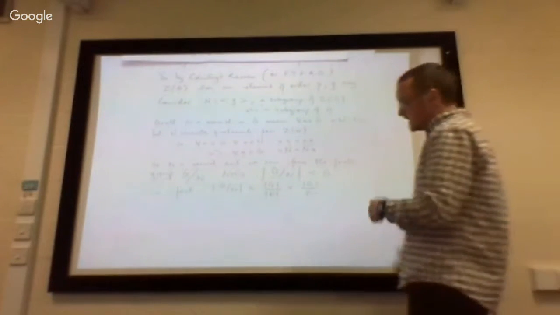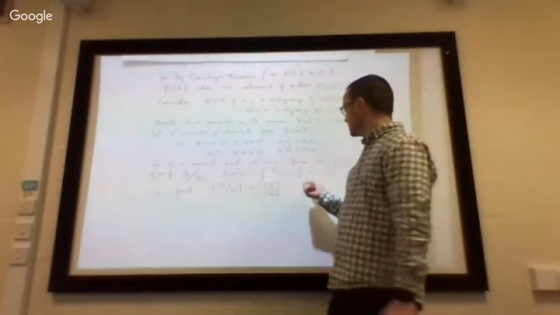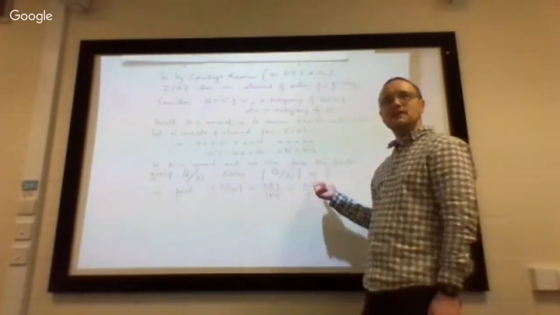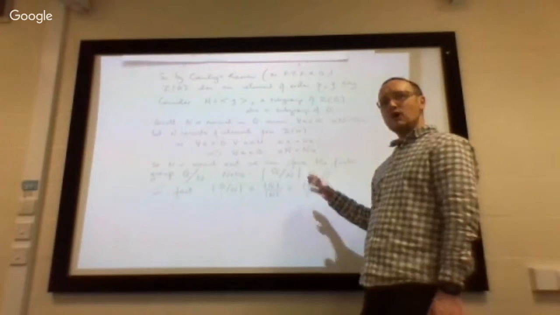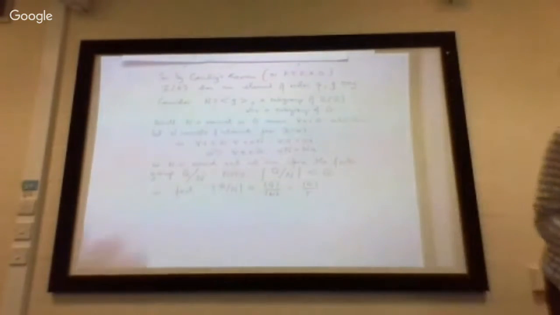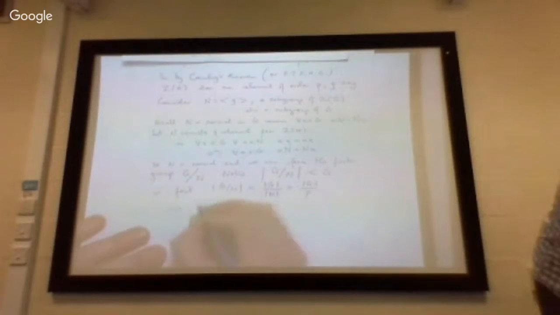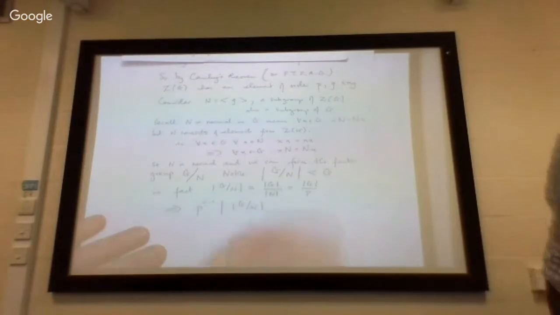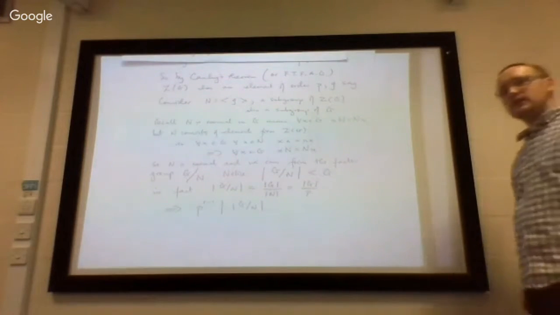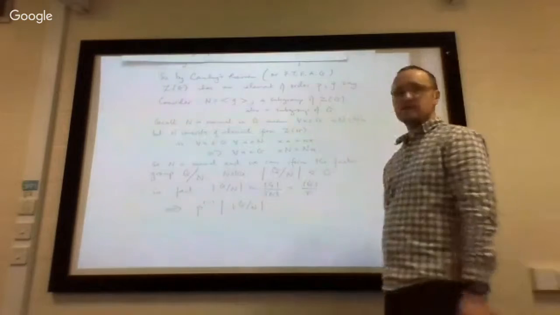Here we're cancelling out one factor of p. So the strongest we can say is that p to the r minus 1 divides the size of the factor group. Isn't that right? Because we've chopped away one factor of p.